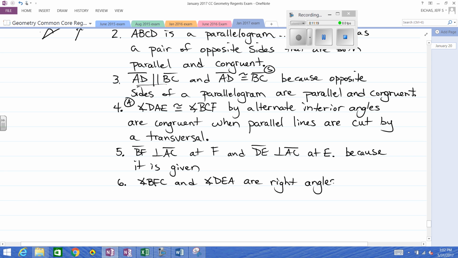Don't jump to the conclusion that they're congruent even though they are, okay? That's a little bit of a jump, and it could cost us. So let's go through the right steps here. First, directly from perpendicular is right angles, because perpendicular segments form right angles.